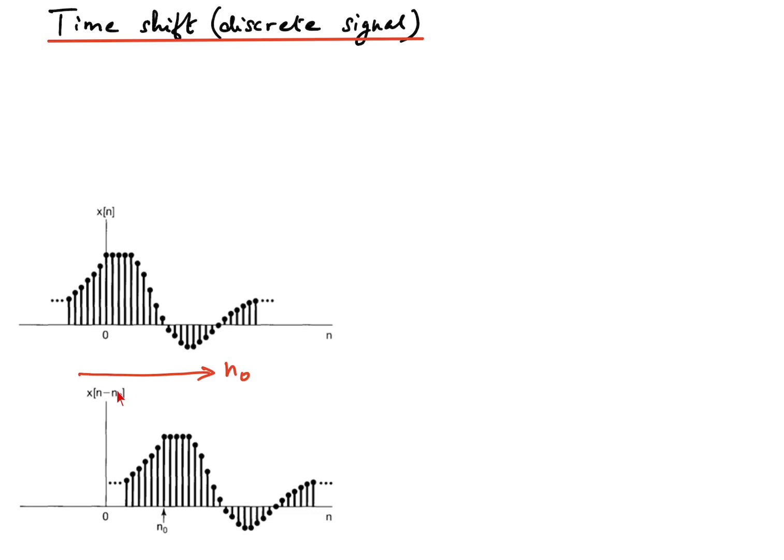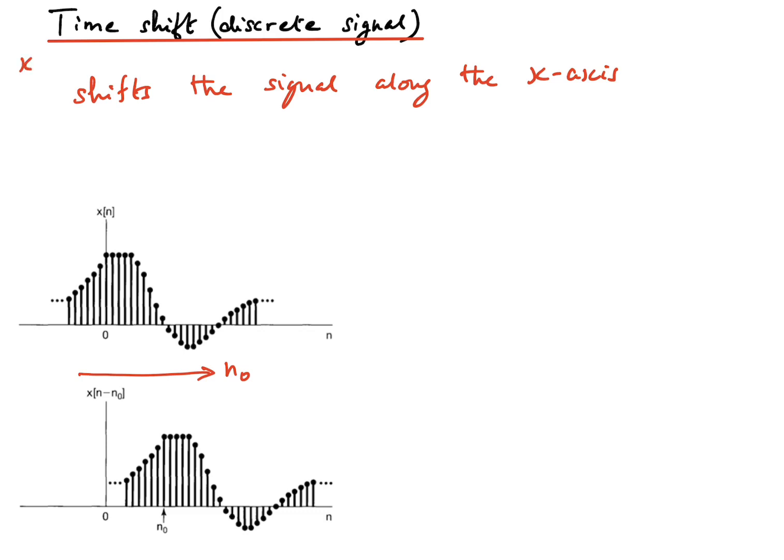So whatever that shift amount is, it will be shifted to the right by that n naught. Suppose this n naught was negative, then x of n minus n naught will become x of n plus n naught, in which case this whole waveform would have been shifted to the left by that n naught, so that this first maximum value would be somewhere here at minus n naught. Okay, so time shift shifts the signal along the x-axis.